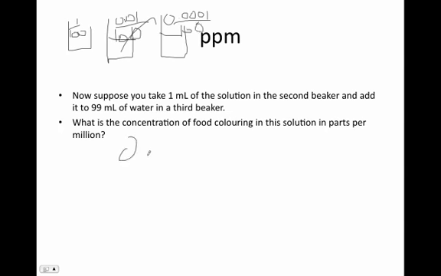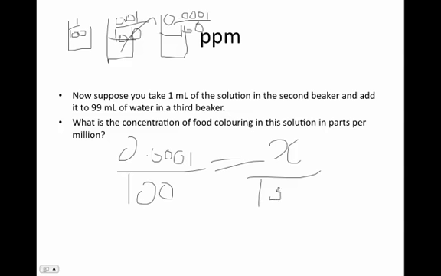So 0.0001 out of 100 is equal to how much out of a million? So again, times by 10,000.